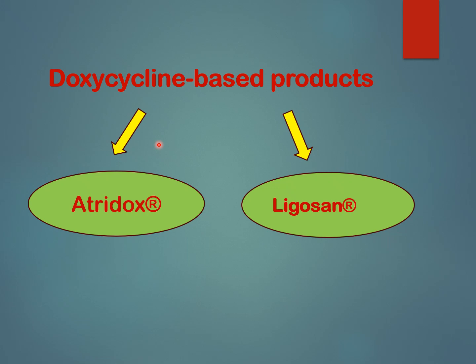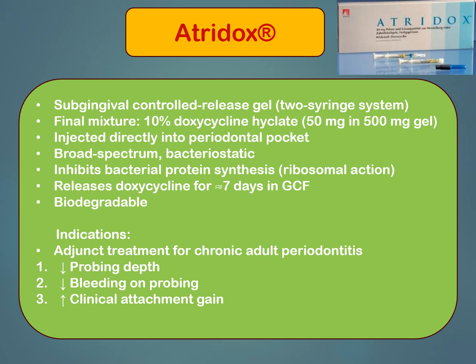So coming to doxycycline based products, we have Atridox and Ligosin. So next is Atridox. It is a subgingival controlled release gel available in 2 syringe system. After mixing, the final preparation contains 10% doxycycline hyclate, that is 50 milligram of doxycycline and 500 milligram gel, which can be directly injected inside the periodontal pocket.